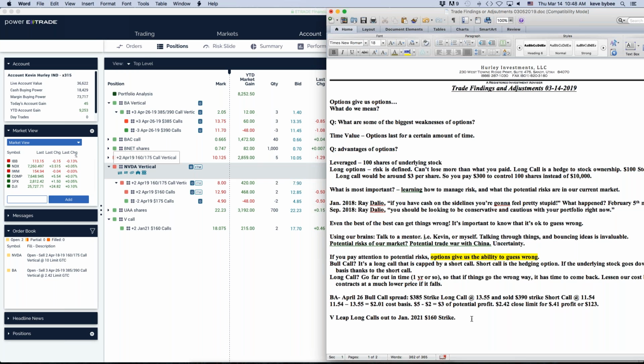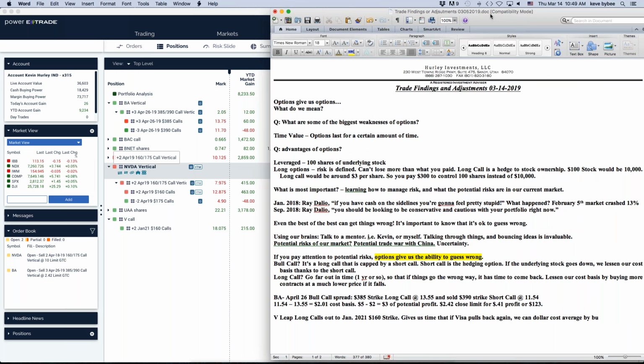So what does that do? That gives us time where, if Visa pulls back, again, we can dollar cost average by buying more contracts at a lower price.